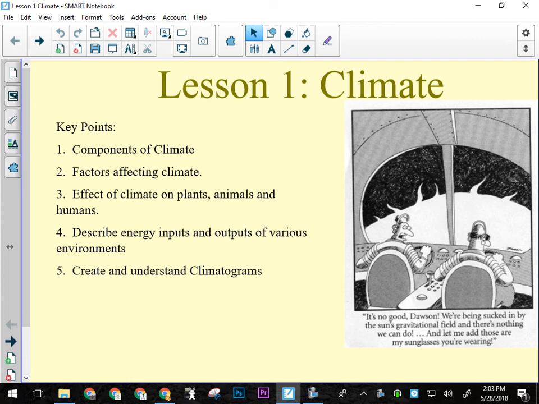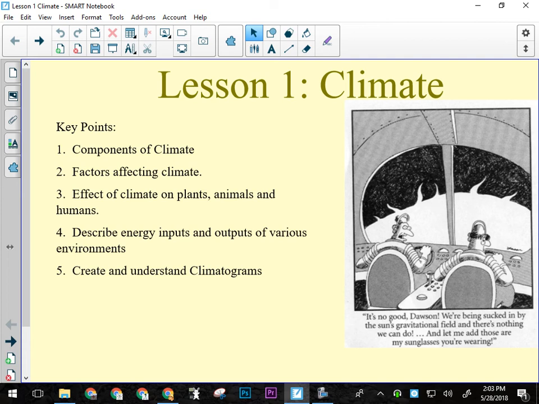You've probably heard climate before, but we're going to go over what climate is and what some factors are that can affect it, because what we need to look at is the relationship between energy and climate. Obviously, the warmest parts of the world are at the equator, because the equator receives the most energy.